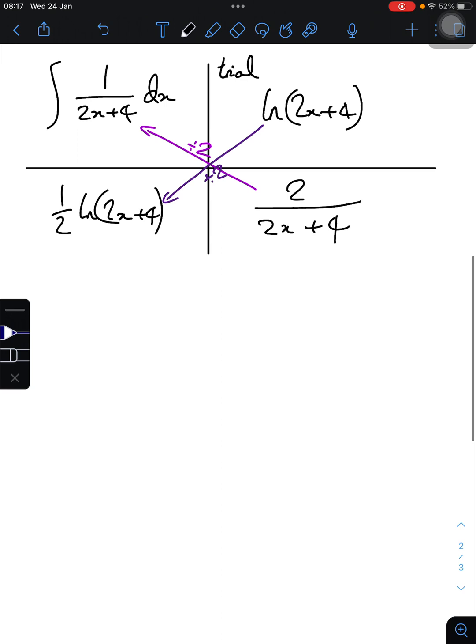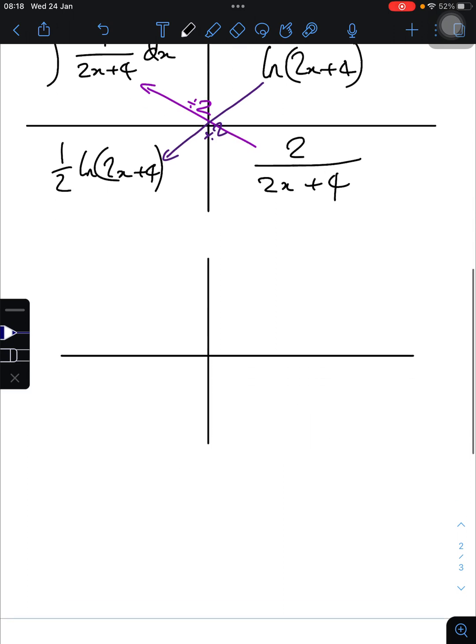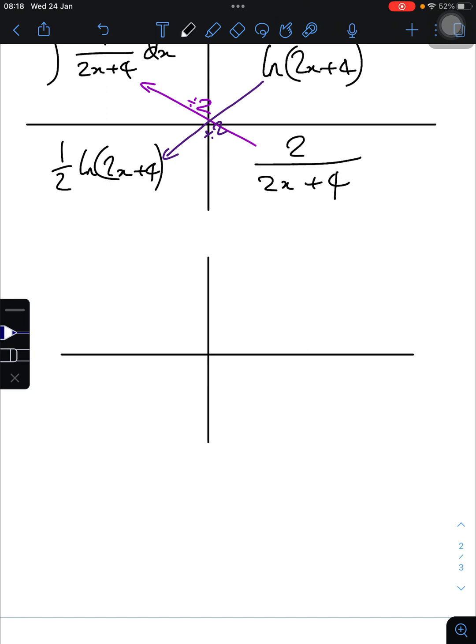Let's do another. I'll send you the PDF of this as well, so that you can practice. By the way, I'm making these up on the spot. These are just questions I'm thinking of. But let's do something slightly more complicated, like the integral of 10 over x plus 4 to the power of 3 dx.